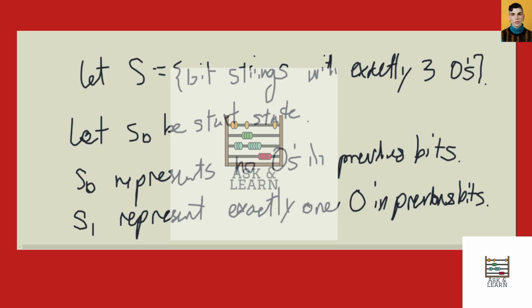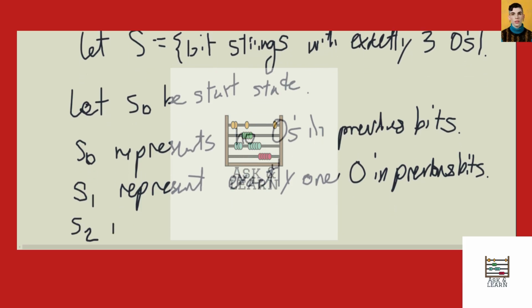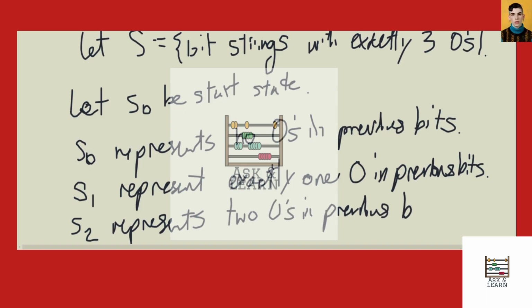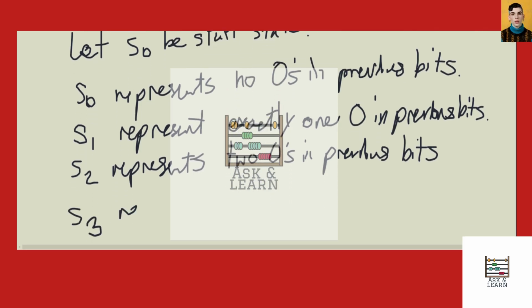S2 will represent that there were 2 zeros in the previous bits. S3 will represent that there are 3 zeros in the previous bits.